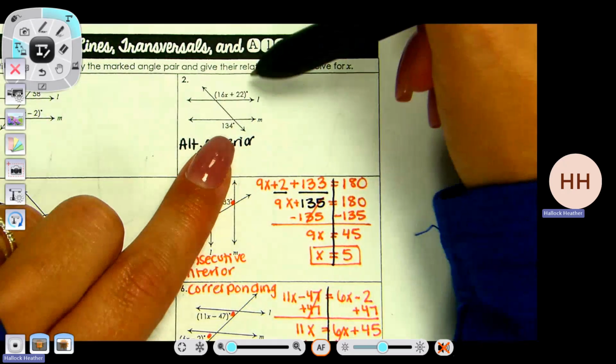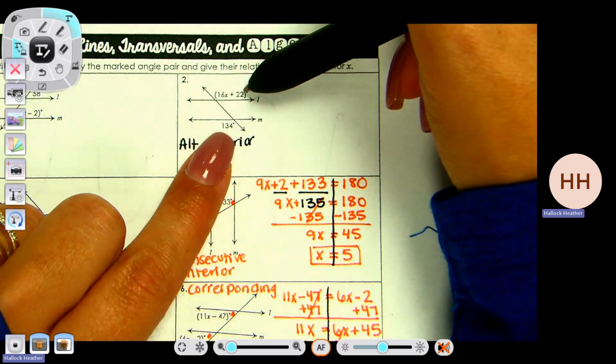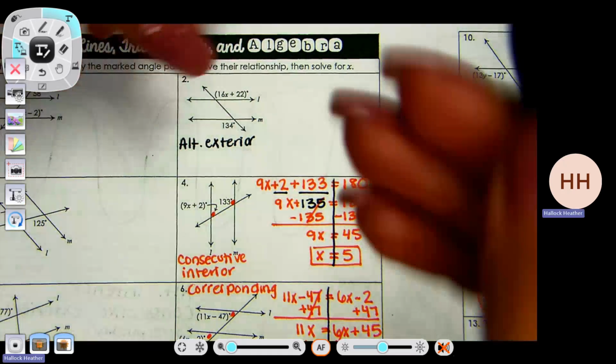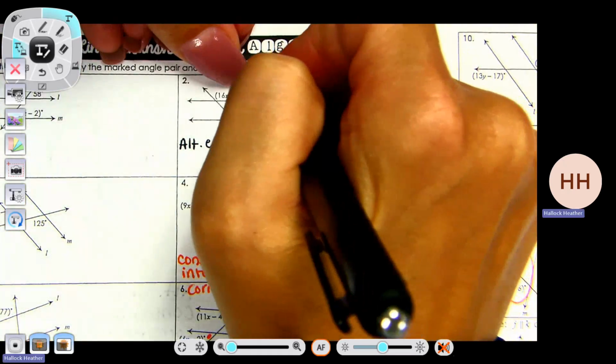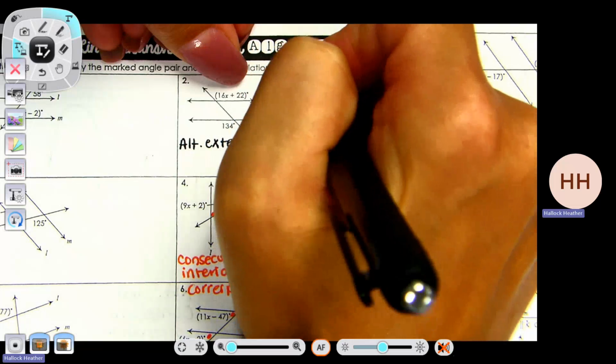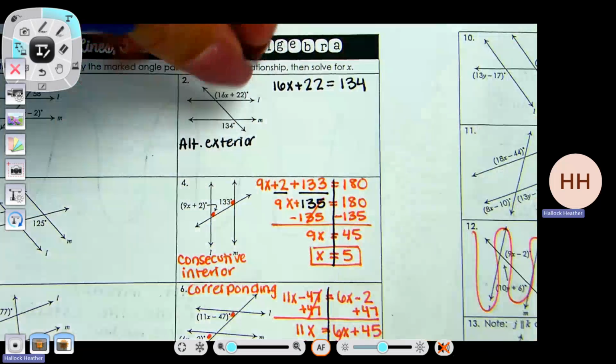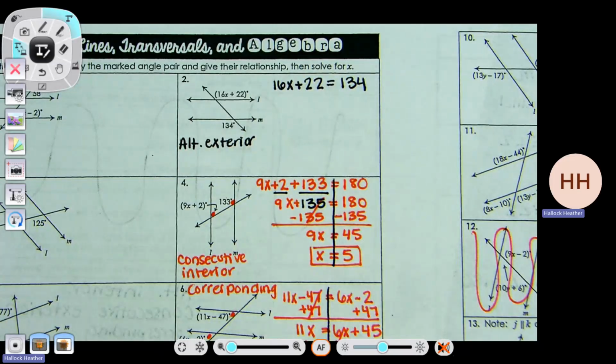So do these equal each other or do they add to make 180? They equal. They're both obtuse. They're both large and in charge. So they equal each other. So that's your equation. Take a second, solve it. If you haven't already done so, we're going to do one more and then you guys can start working on the leftovers. So minus 22 and divide.